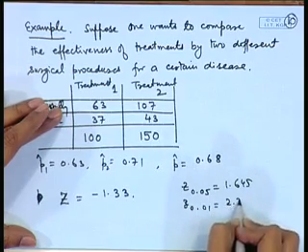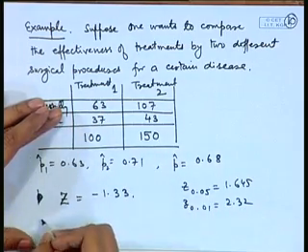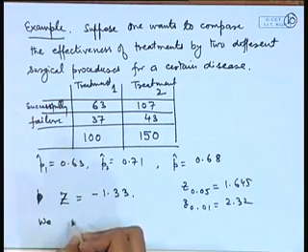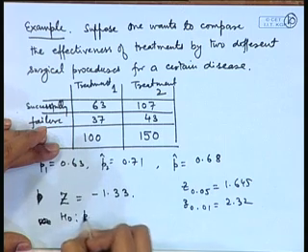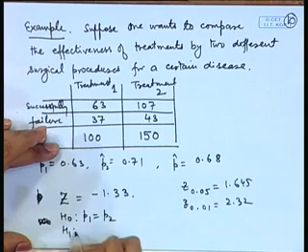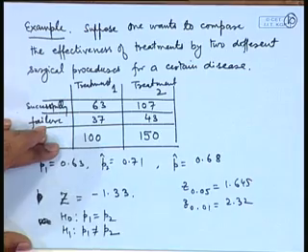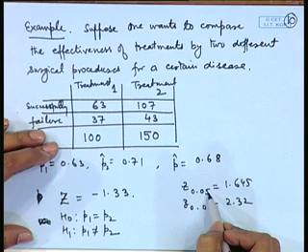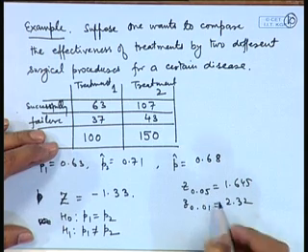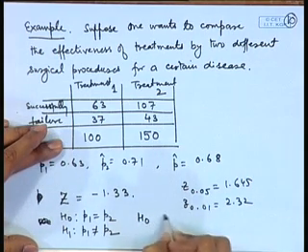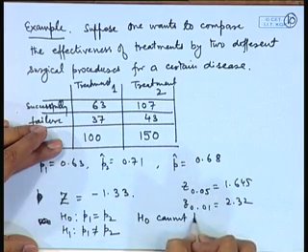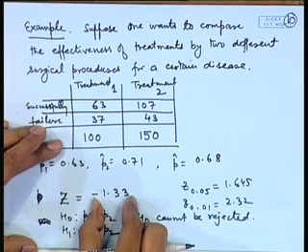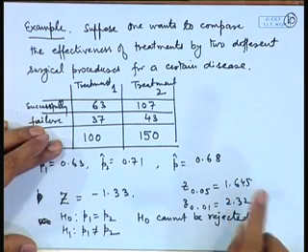Then you can see that if we consider the hypothesis H0: p1 = p2 against H1: p1 ≠ p2, then at level of significance, say 10%, 2%, etc., H0 cannot be rejected, because the absolute value of Z, that is 1.33, is smaller than these values.